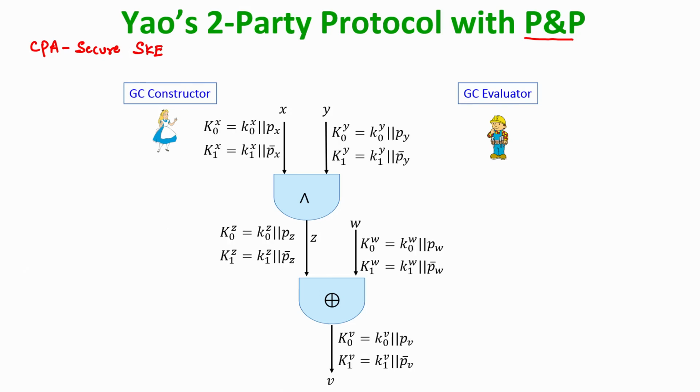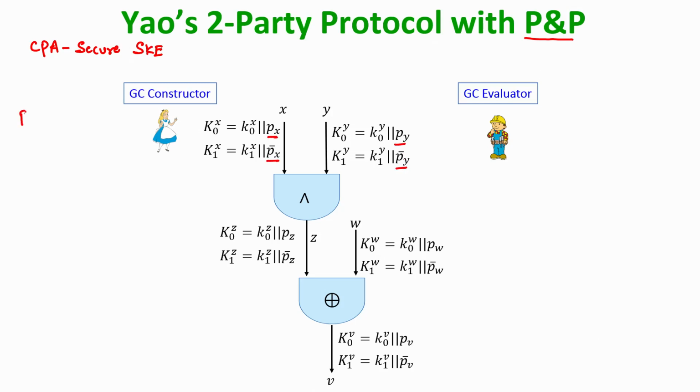Okay. So, as part of garbling the circuit, the garbled circuit constructor will still be assigning indistinguishable keys for each of the wires. So, you can see here for the X wire 2 keys are assigned, for the Y wire 2 keys are assigned, and so on. But the last bit of each of the keys has a special interpretation here.